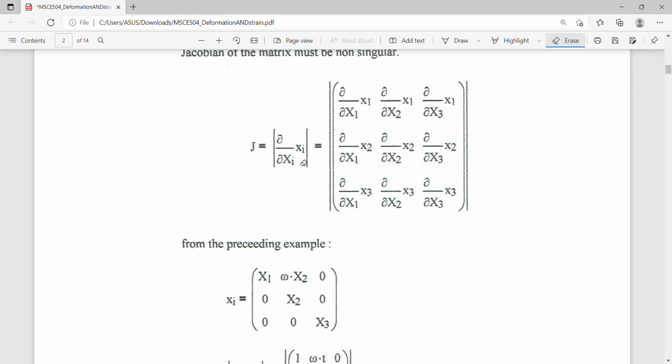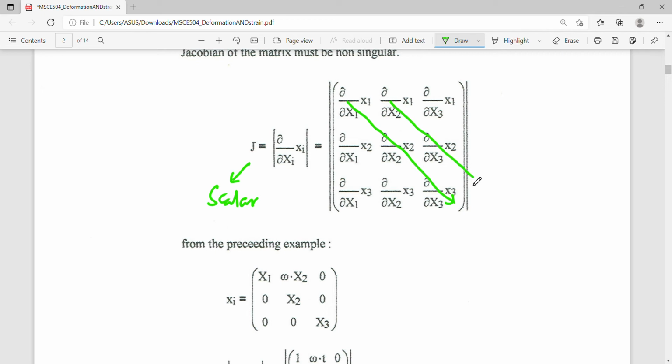Okay, so this is correct, no? This must be a scalar value, class. The J must be a scalar value. And this is a summation over xi, because we're doing a determinant operation here.